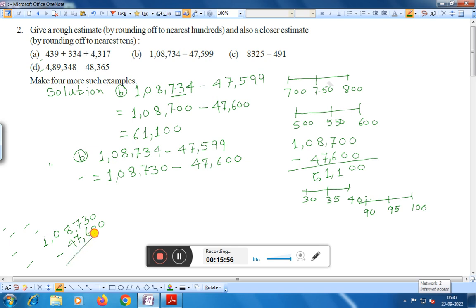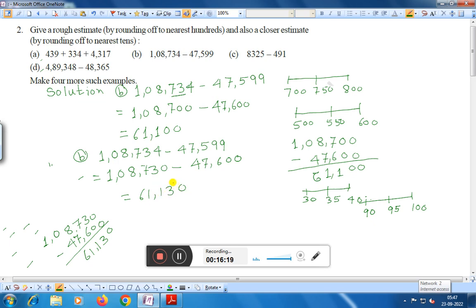Now if you subtract this number, this is 0, this is 3, 6 plus 1 is 7, 7 plus 1 is 8, 4 and 6, 61,130. Therefore the number is 61,130.